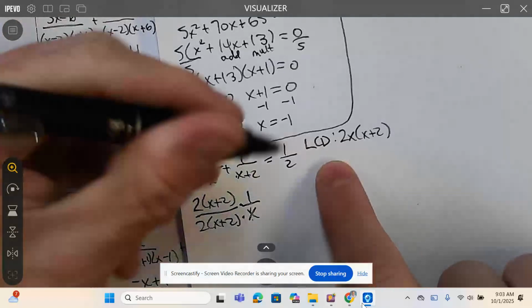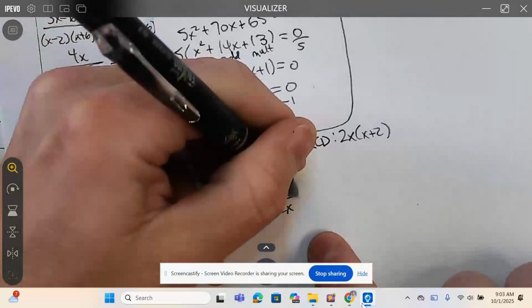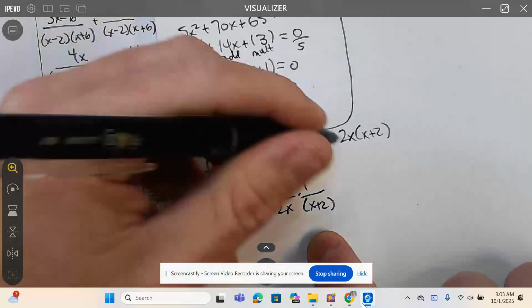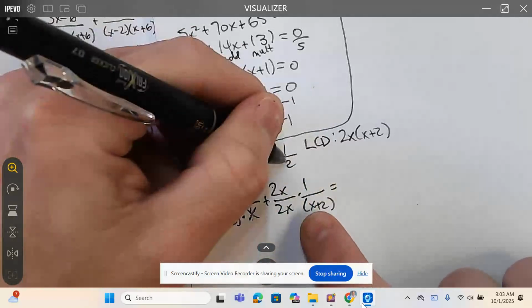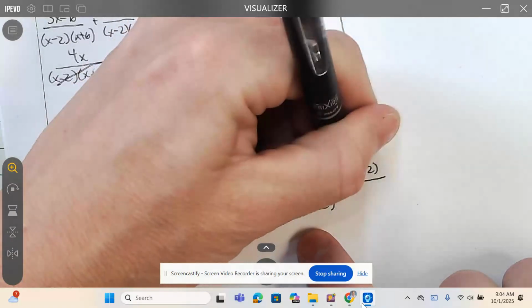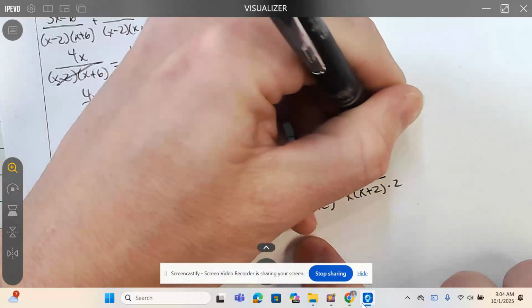What does that one need? That needs 2x. So plus 2x, 1, x plus 2. This one has 2, so this one needs x plus 2 on the top and bottom. X times x plus 2. Times 2 times 1.